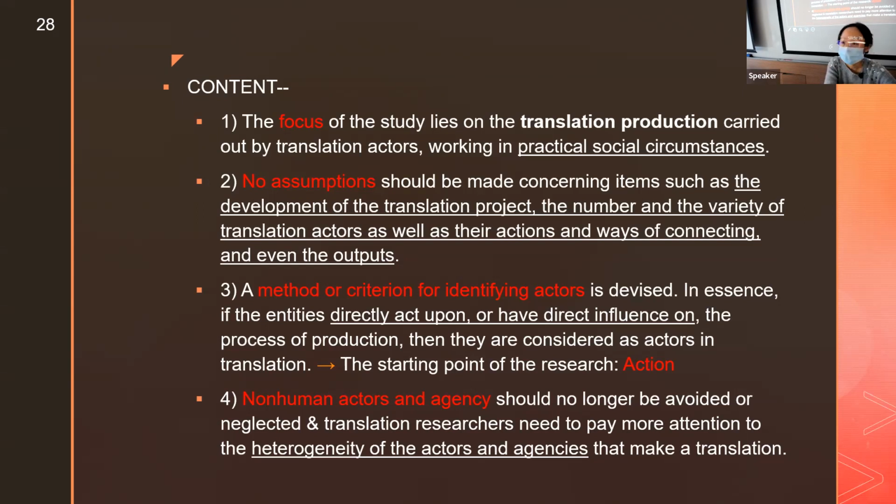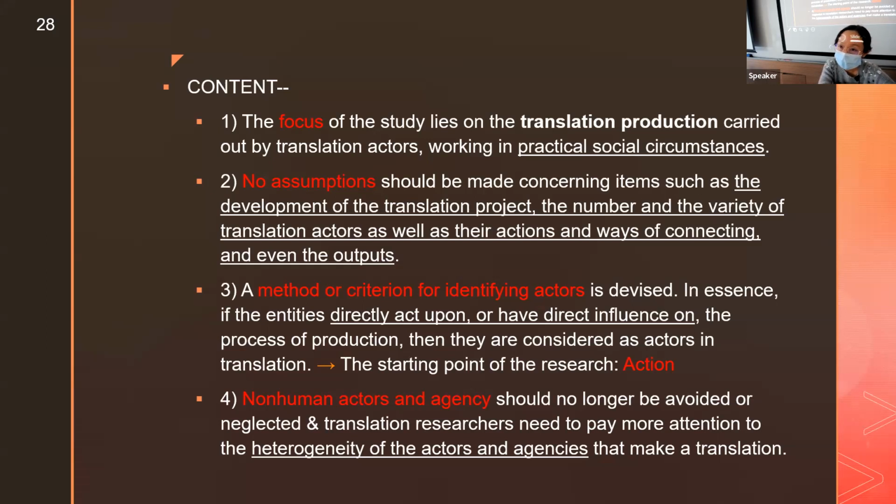And third is that there's still a problem of defining the actors. I've just mentioned it when I introduced to you how to cut the networks, how to draw a boundary between networks. It is a method or criteria for identifying actors.